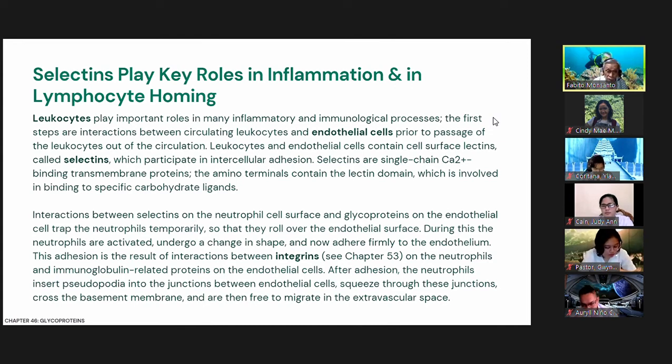Interaction between selectins and neutrophil cell surface glycoproteins on the endothelial cell traps the neutrophils temporarily so that they roll over the intercellular endothelial surface.